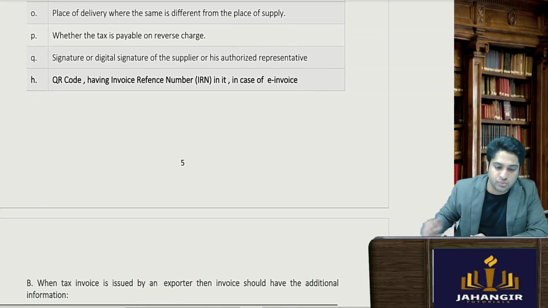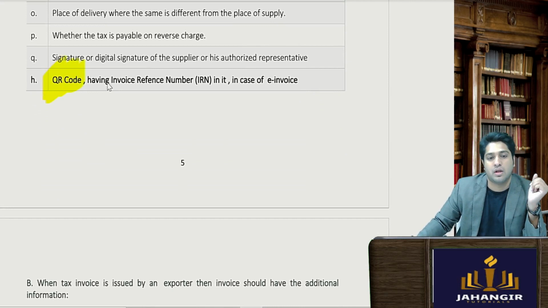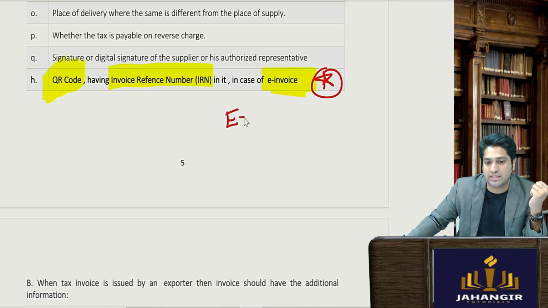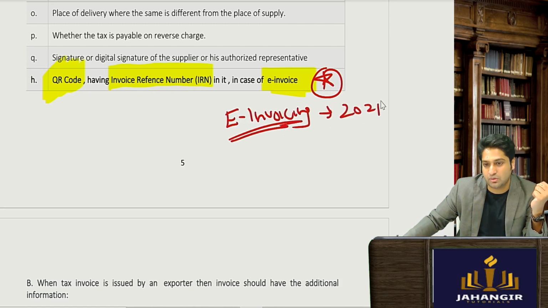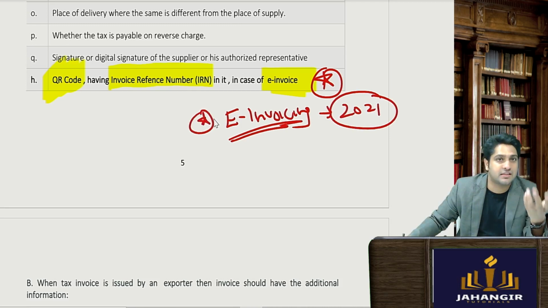Then a new addition has been added, something called a QR code, with an invoice reference number, the IRN number, in case of e-invoicing. This is a new and important concept, and the future is here, called e-invoicing. This was introduced by an amendment in 2021. I'm covering this in my next lecture.